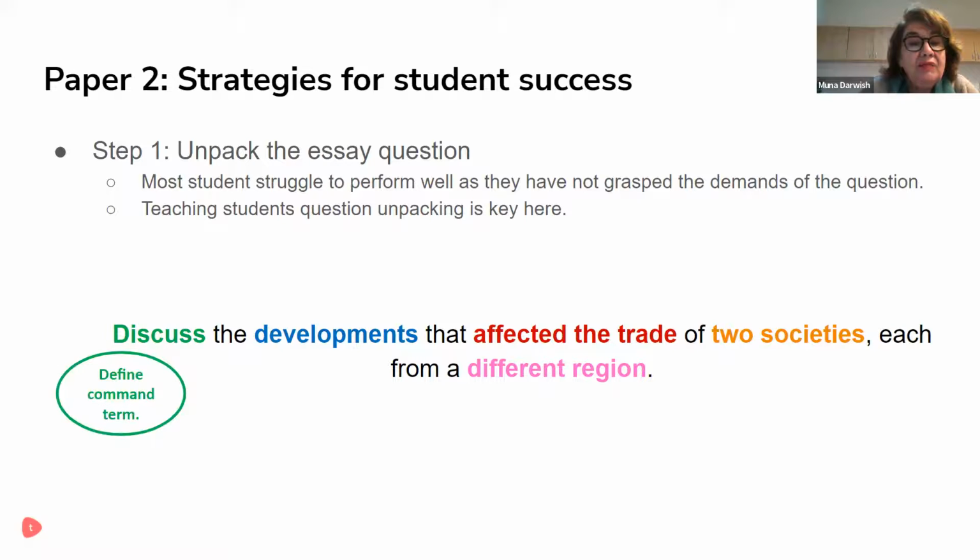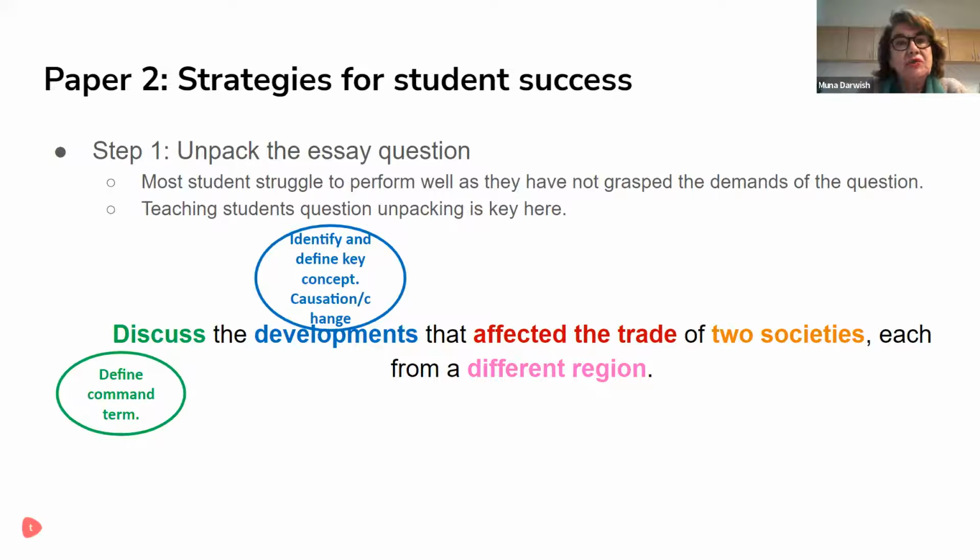Okay, when we have a question, students should learn that their first step is to define the command term, and identify and define key concepts: causation, change, or perspective of significance. Why is a historical event significant? Then determine the subject matter. What is the focus of the paper? Is it about causes of the Cold War?